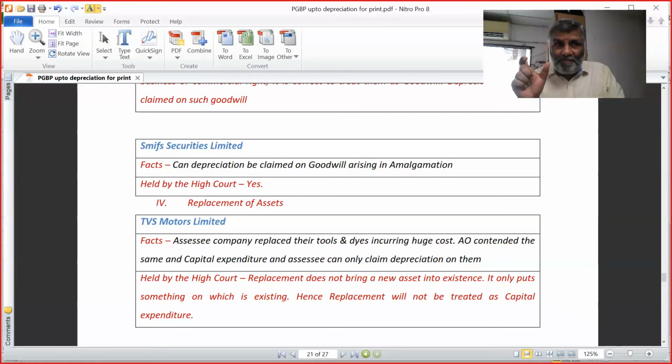Originally, when carpets were purchased, they would have been capitalized. Subsequently replaced, it will be charged off to revenue because the old carpet cannot go out of the books.